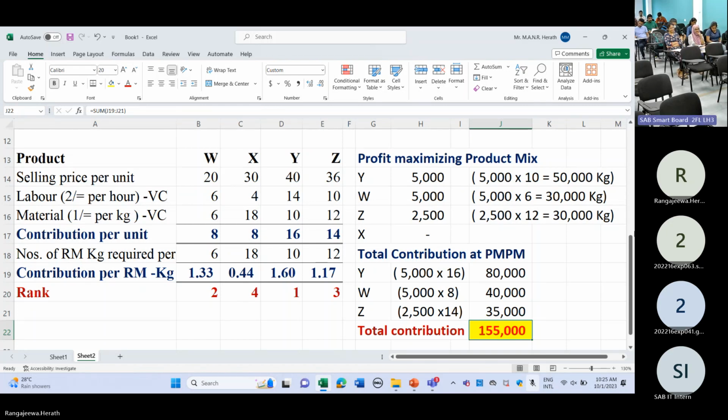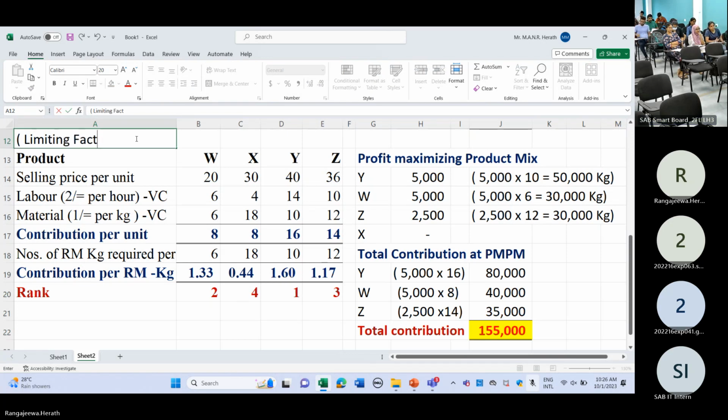This is when the limiting factor changes. The limiting factor is 110,000 kilograms of raw material.